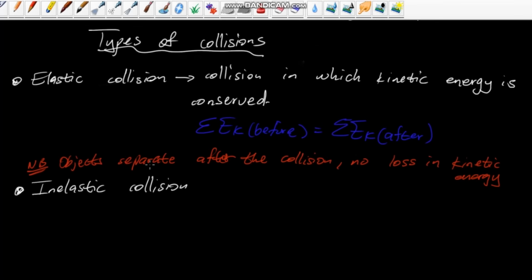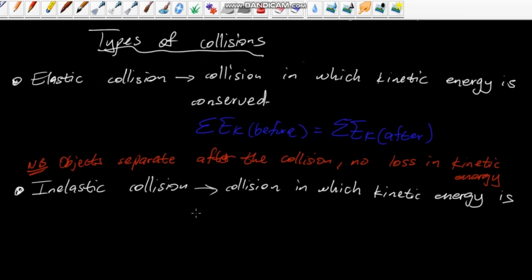Should they move together after the collision, then the hint is that the collision is inelastic, which means there was a loss in kinetic energy. I will come back to that. There is a collision called an inelastic collision, a collision in which kinetic energy is not conserved.